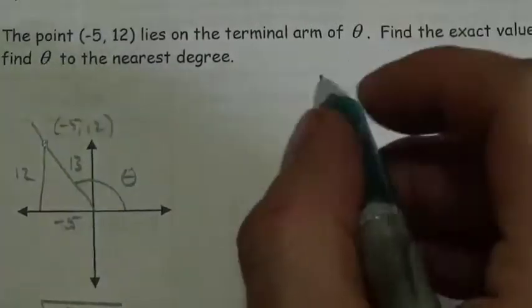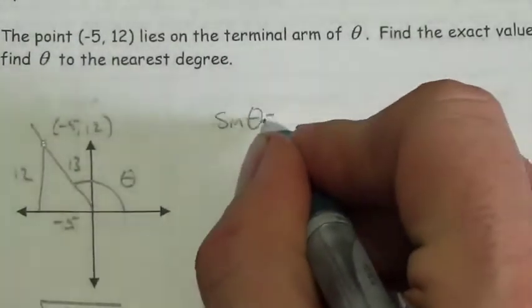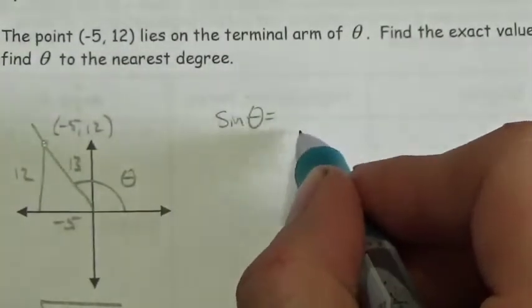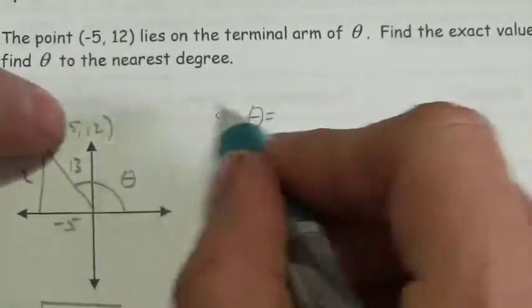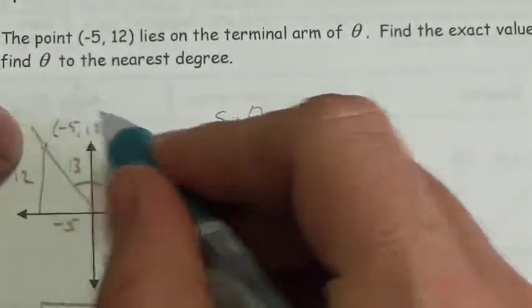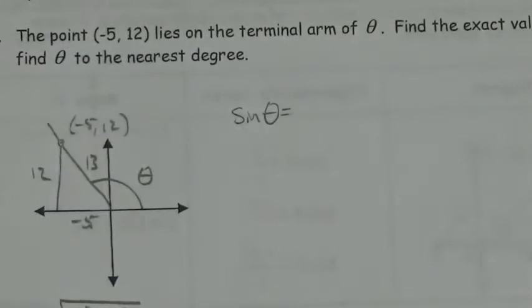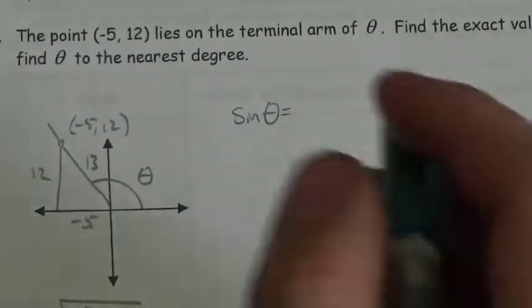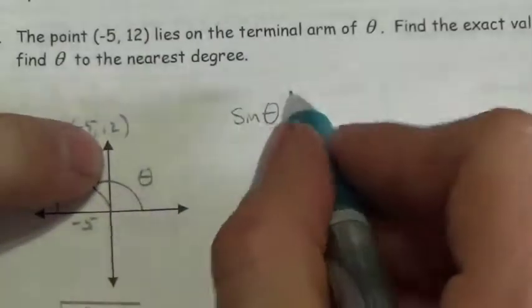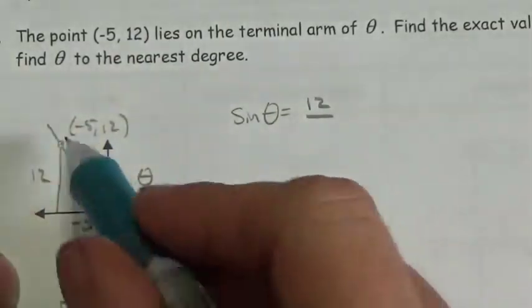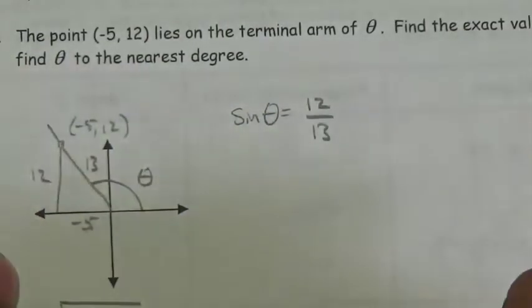So the sine of theta will be y over r. In this case, the y coordinate of that point. Sometimes people, even after we go through this, get confused as to what I mean by y and what I mean by r, x and r here. It's the y coordinate right there. So 12 divided by r, which is 13.